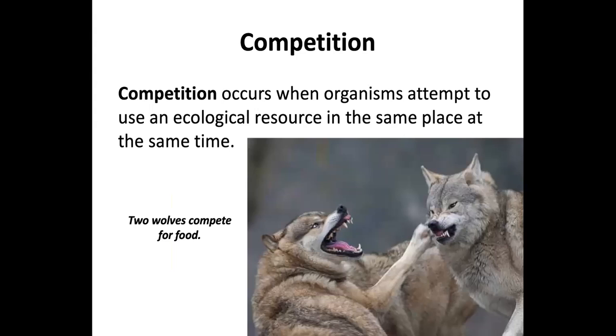This occurs when organisms attempt to use an ecological resource in the same place at the same time. We all know what a habitat is, right? What's a habitat? Where an animal lives. Perfect. And then a niche is what? Their role, their job in that habitat.